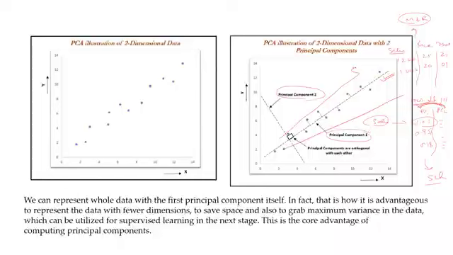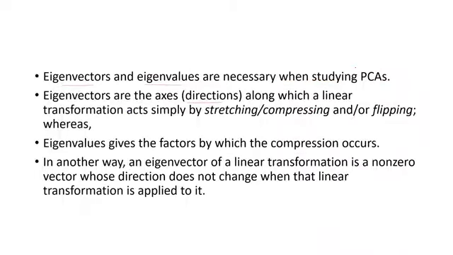What is the eigenvalue? The eigenvalue will help you understand how much variance is being captured by each of the principal components, that is, how much compression is happening. In mathematics, a vector has magnitude as well as direction. So eigenvectors will also have certain values associated with them, and they explain the direction or the projection onto which the data is getting projected.